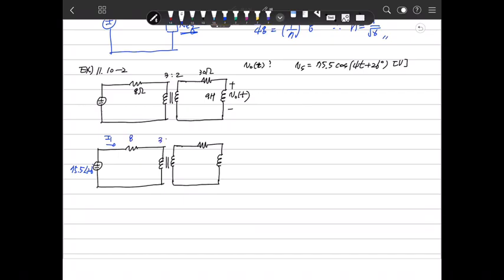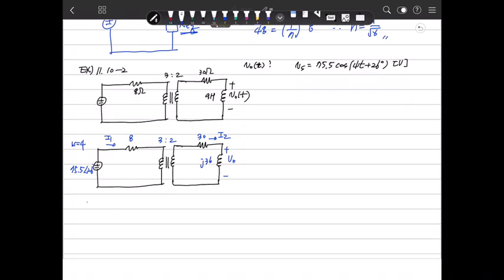This is 8, and the turn ratio is 3 to 2, and this is 3, and because omega is 4, therefore there is j36. We have defined Vo. This quantity is I2.